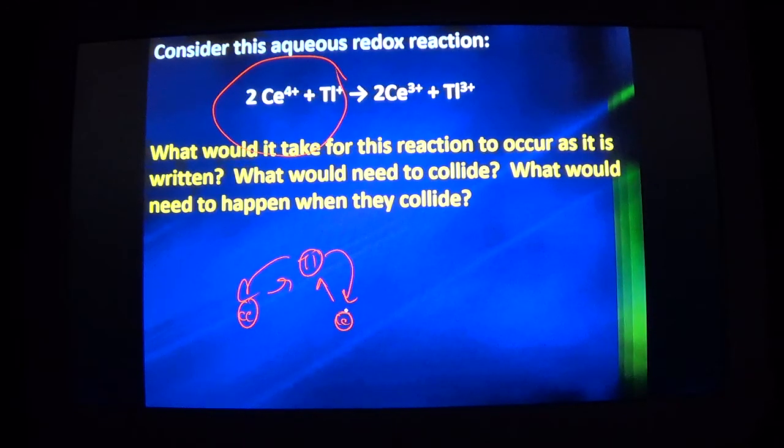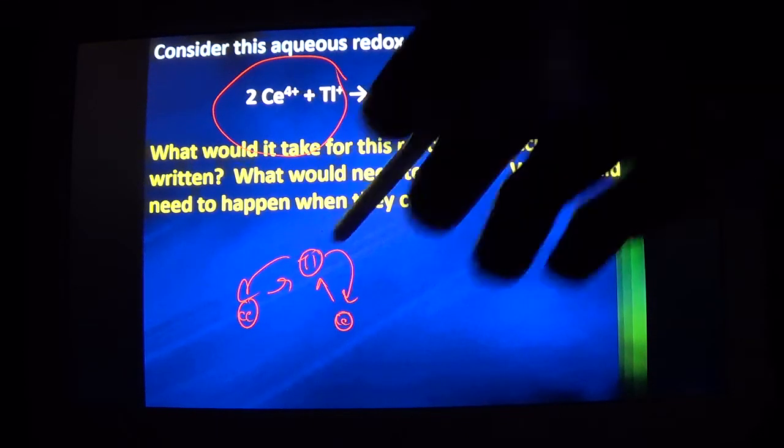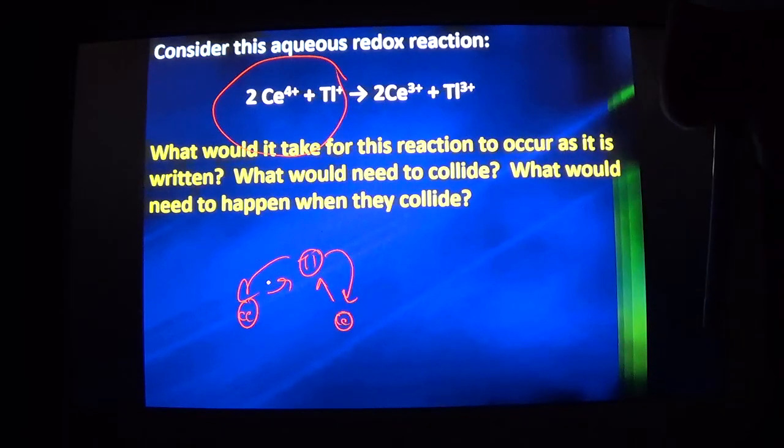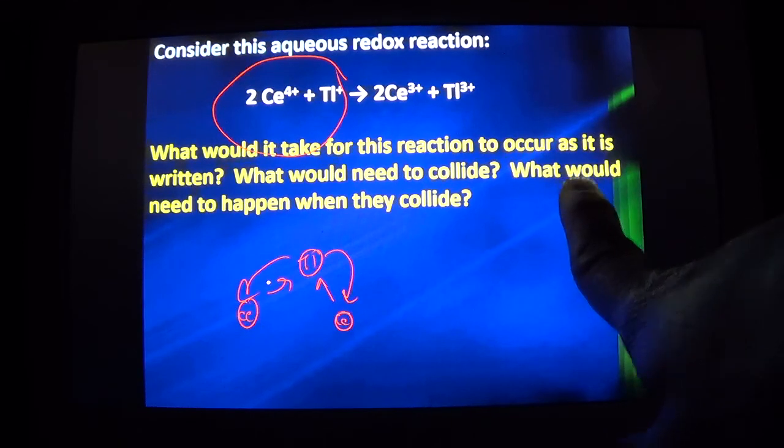Does that sound like a hard thing to have happen? Because that could be. The statistical chances of three things hitting together at the exact same time and hitting just right so that two electrons are moved from thallium, one to each cerium, could be asking an awful lot of the situation.